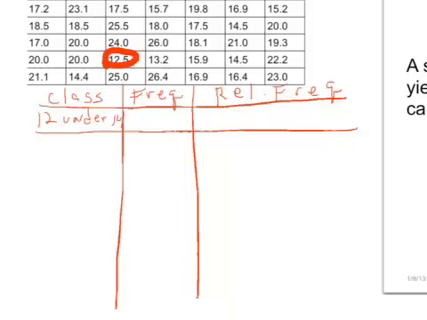What this basically means is 12 up to and including, but up to but not including 14. Since I'm not including 14 here, I will include it down here in my next bin. So 14 up to, and I'm going to use this symbol, 16. Remember, we're not going to include the 16.